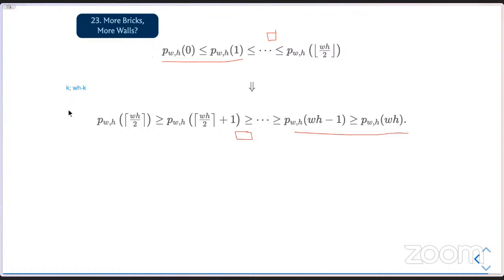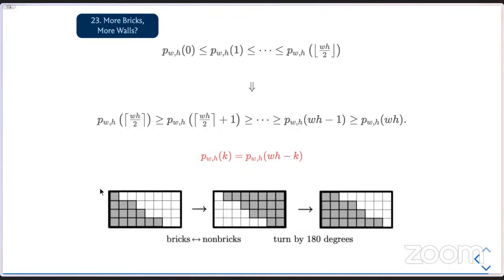So now if you just flip around, let me maybe just show you the picture, which should make things a lot clearer. We want to claim that the number of ways of working with k bricks is the same as the number of ways of working with WH minus k bricks. And that's because you can simply imagine knocking out all the bricks and bringing bricks wherever the non-bricks were originally.